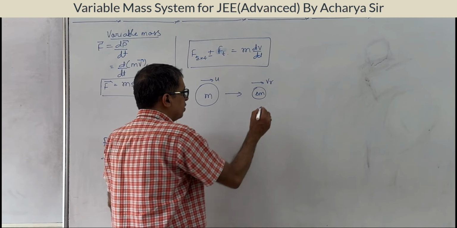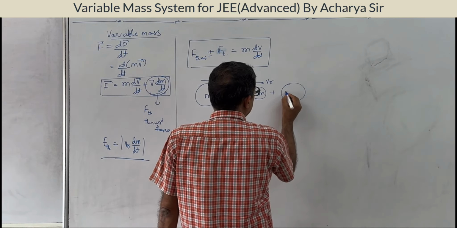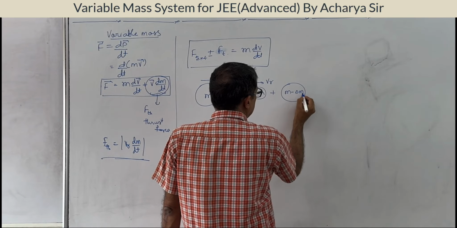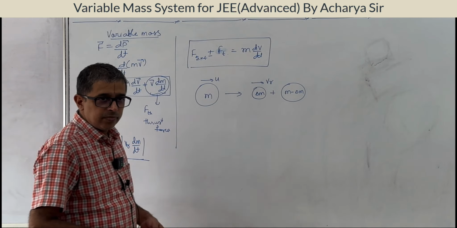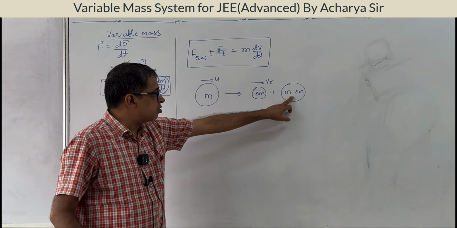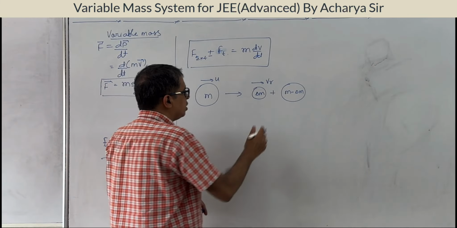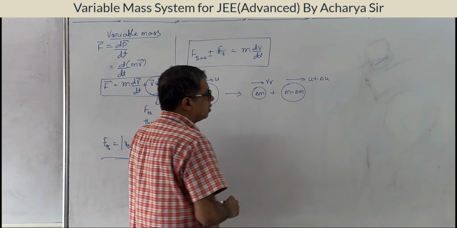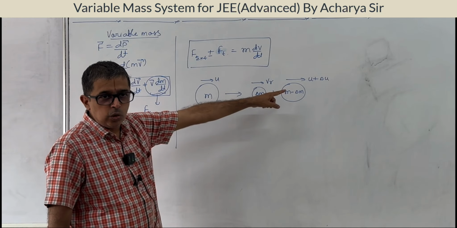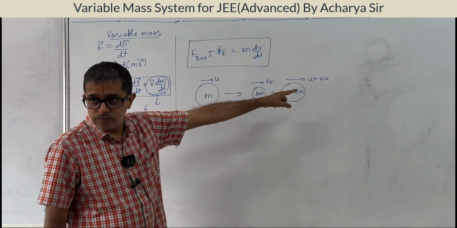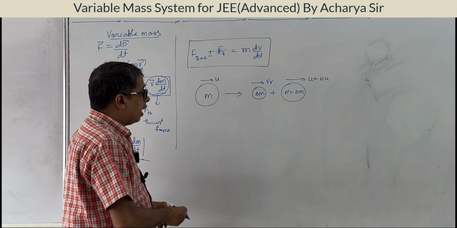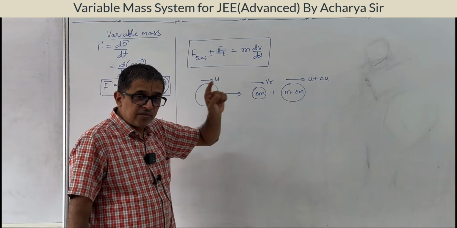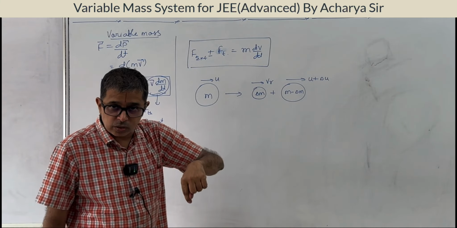As a result, the mass becomes m minus delta m. Simultaneously, the velocity changes from u to u plus delta u. And you will conserve momentum after finding the velocities with respect to ground.